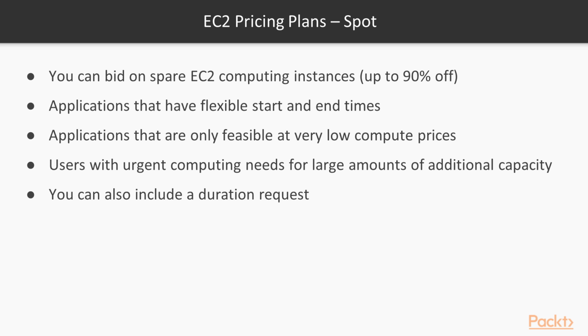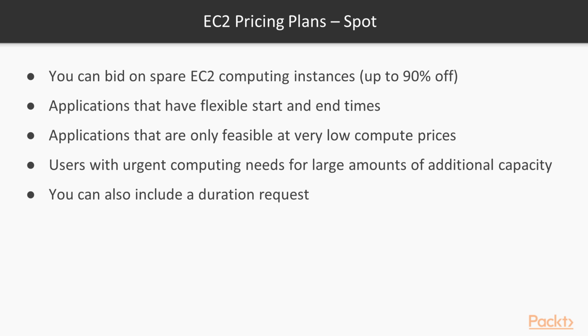Then we can talk about spot instances, where you can bid on spare EC2 computing instances at up to 90% off the on-demand price. When you request spot instances, you specify the maximum spot price you are willing to pay.